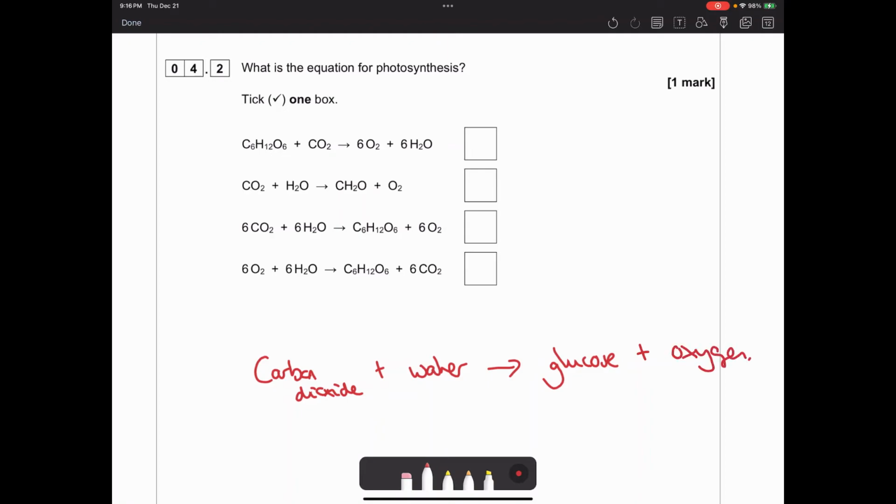So I just look for those symbols. Carbon dioxide, okay, and water, okay, makes glucose and oxygen. So glucose and oxygen. And the only one that has them all in the right places would be the third one down. Remember, you balance it just by putting the 6's in front of the 3 smaller molecules.